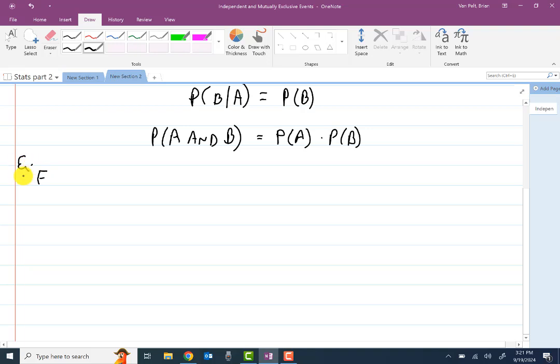This is an example. Flip a penny and a quarter. Whatever happens to the penny has no effect on the quarter.